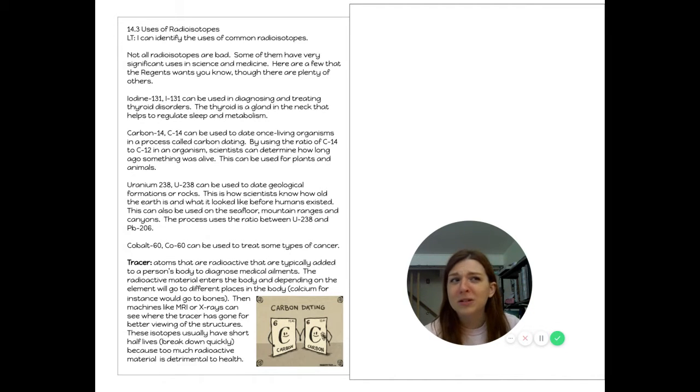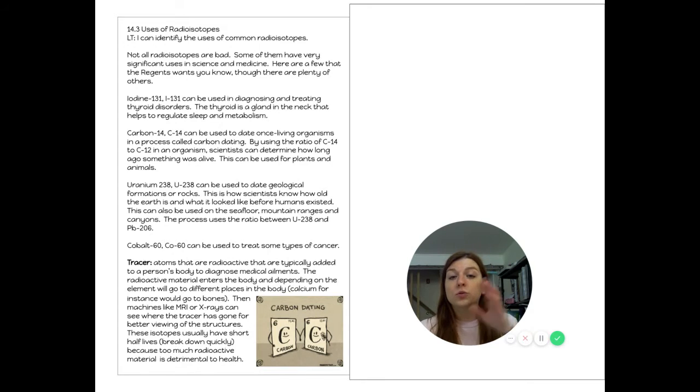I think it might be called goiter. I wouldn't Google it unless you're actually interested. But if you don't get the proper iodine that you need, you get this growth on your neck, and it's not pretty, and it's not healthy either. So they add iodine to the salt so that people get the proper amount of iodine that they need.